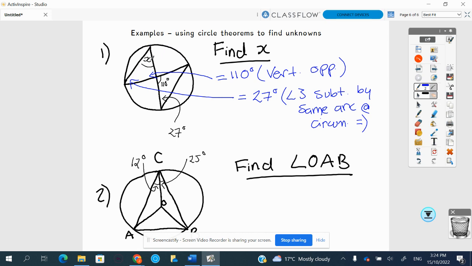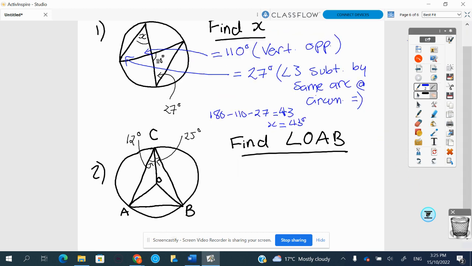So that means we have in this triangle 110 and 27, and we need to find x. And we know the angle sum of a triangle is 180 degrees. So I'm just going to go 180 minus 110 minus 27 to find x, which will be 43. So x is equal to 43 degrees.